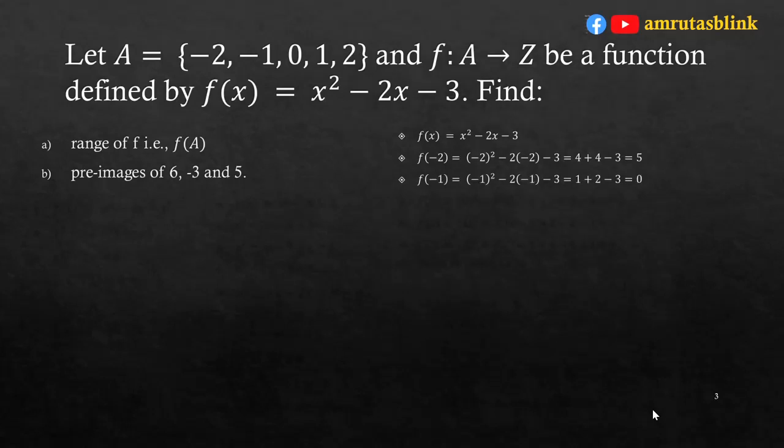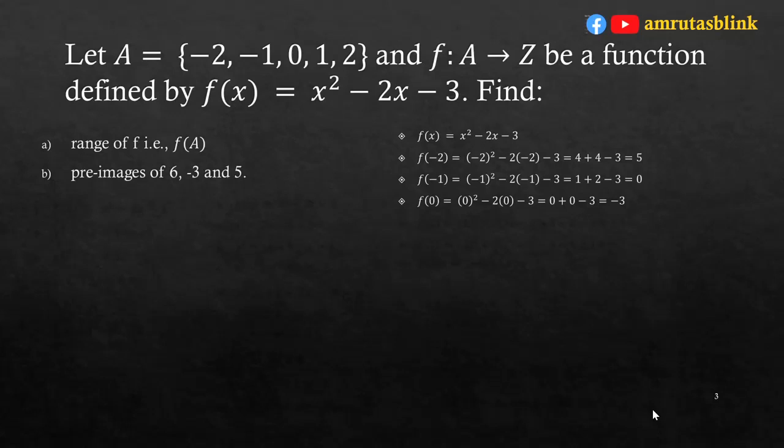Similarly, f of minus 1 is equal to minus 1 square minus 2 into minus 1 minus 3, that is 1 plus 2 minus 3, which is equal to 0.